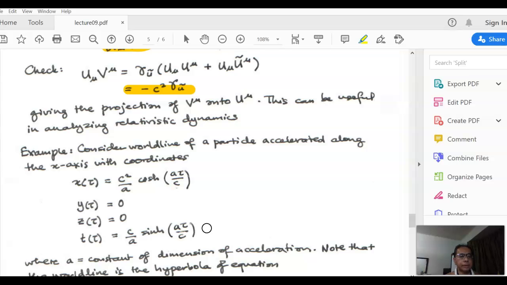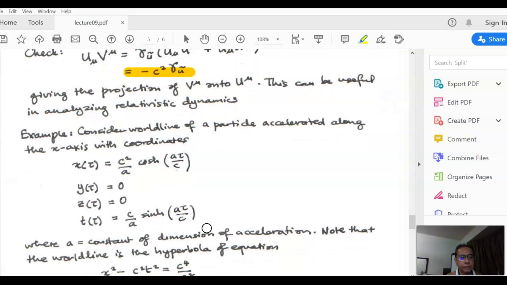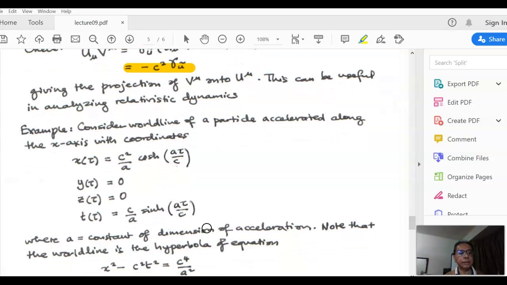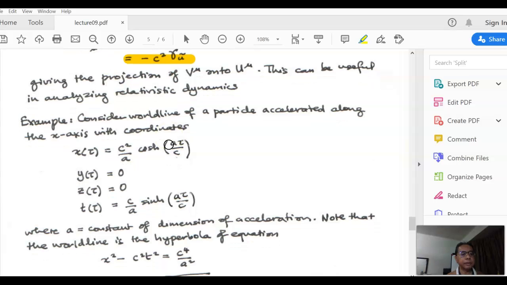Here, let's consider an example. Here's the example of a particle accelerating along the x-axis with coordinates of the following. The fact that it's a function of tau shows that it's not moving at a constant velocity, and in fact it's a curve, which is the hyperbolic cosine curve.